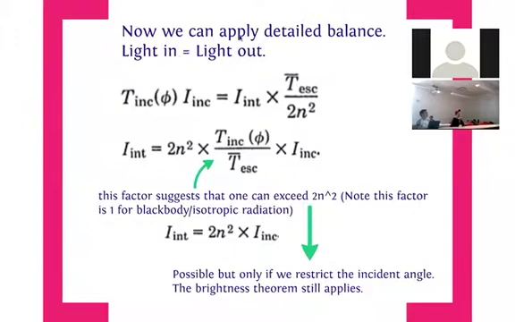Light coming in should be equal to the light going out. The light coming in is the transmission efficiency coming into the system multiplied by the incident intensity. That should be equal to the internal intensity multiplied by the escape, which is what we just calculated.